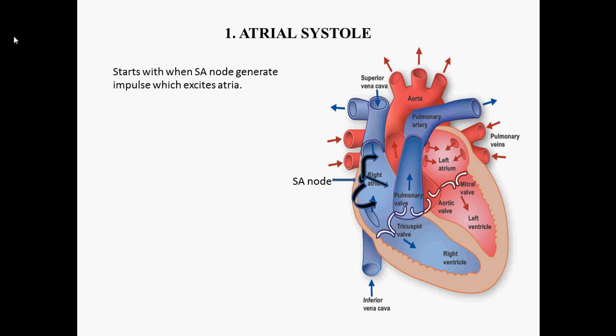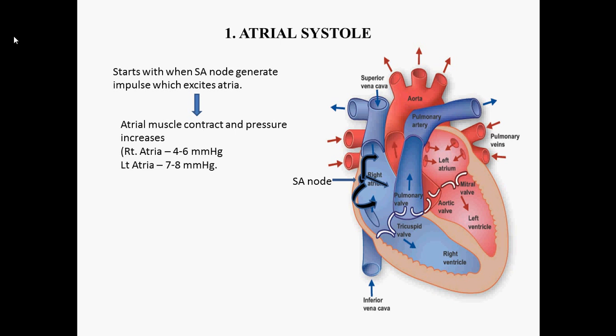So you can see the SA node generating the impulse, and the impulse is going through the atria and making them contract. Then the atrial muscles contract because of that impulse, and as a result of the contraction the pressure in the atria increases, in the left atrium as well as the right atrium.